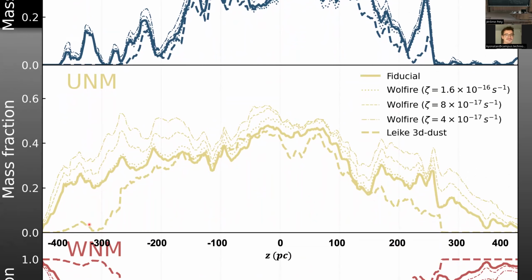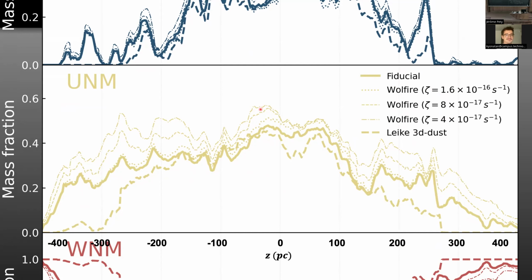So again, this thick dashed line is Likey-free the dust map, and we see it gives almost the same prediction. It doesn't really diverge too much. But let's look again at the Wolfire values. The highest zeta value for Wolfire gives us the same prediction as the fiducial models. But for the smaller values of zeta, again, we see the same trend.